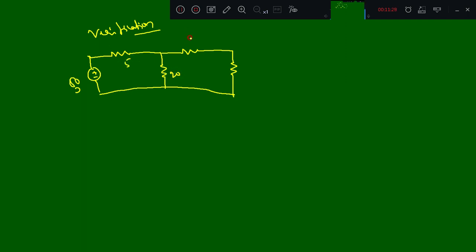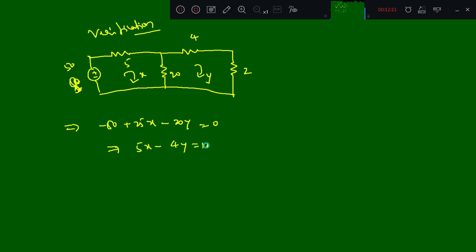Take the currents as X and Y. If you apply KVL, I get minus 50 plus 25X minus 20Y equal to 0, so 5X minus 4Y equal to 10.